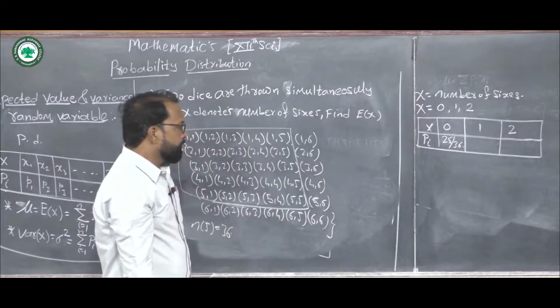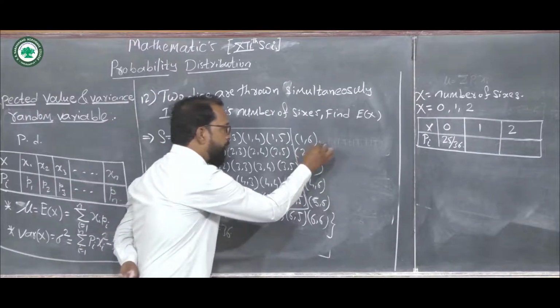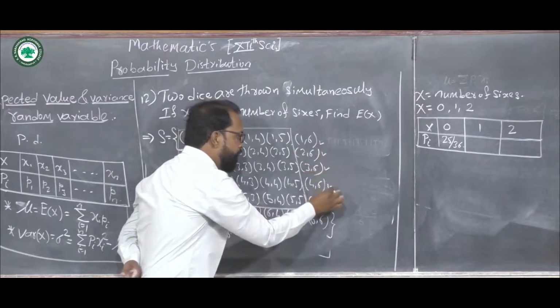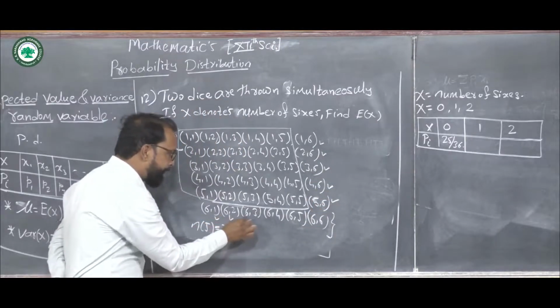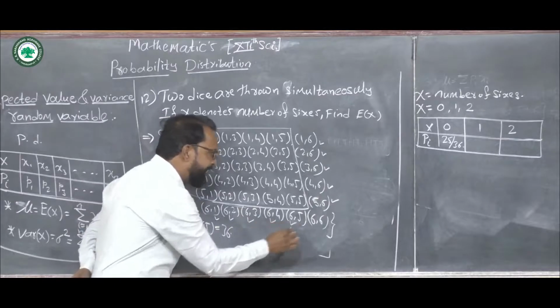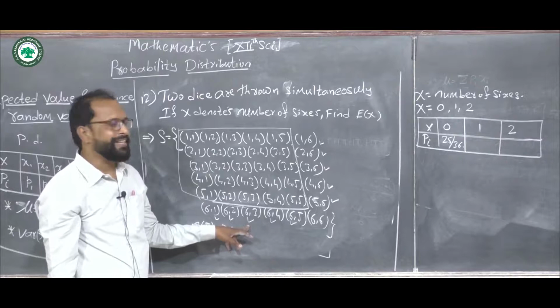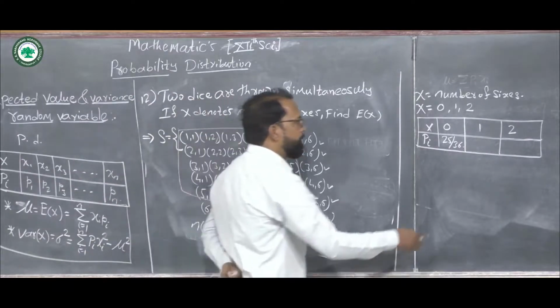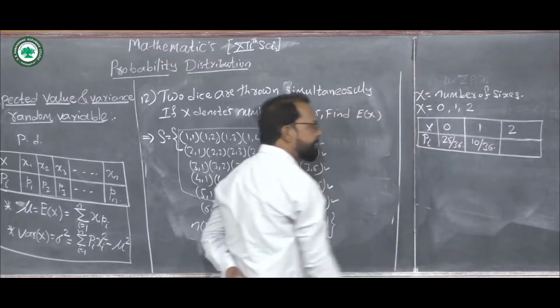Similarly, there are 10 outcomes, counting 1, 2, 3, 4, 5, 6, 7, 8, 9 and 10, in which one six exists. So the probability for x equals 1 is 10 upon 36.